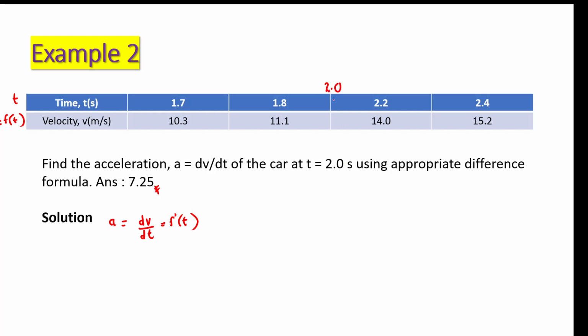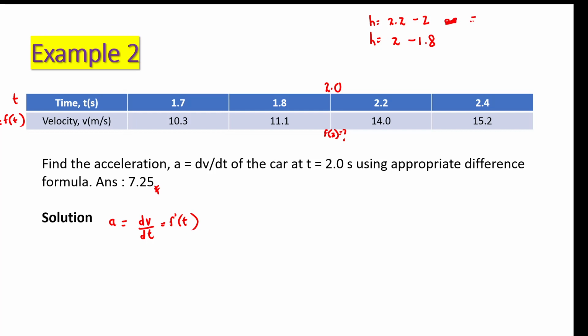But the data f(2) is not given. You don't have f(2). From 2 to 2.2, h is actually 0.2. h can be 2.2 minus 2, or 2 minus 1.8.